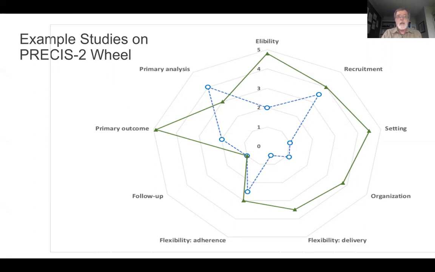So on this one, the study in green is really very pragmatic, especially around eligibility, recruitment, setting, and that sort of thing. A little less so on issues like organization, and these flexibility dimensions. It is purposely not pragmatic on follow-up.